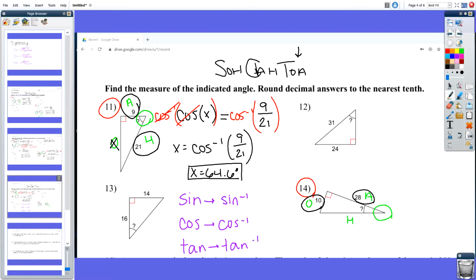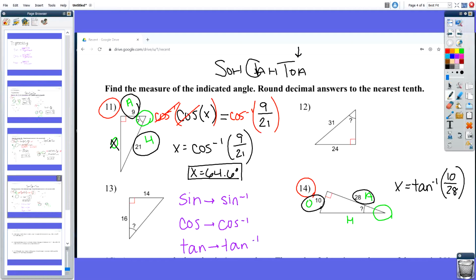So now that we know about inverse trigonometric functions, we can sort of jump right ahead setting this up, and I can just say x is equal to the inverse tangent of opposite over adjacent.